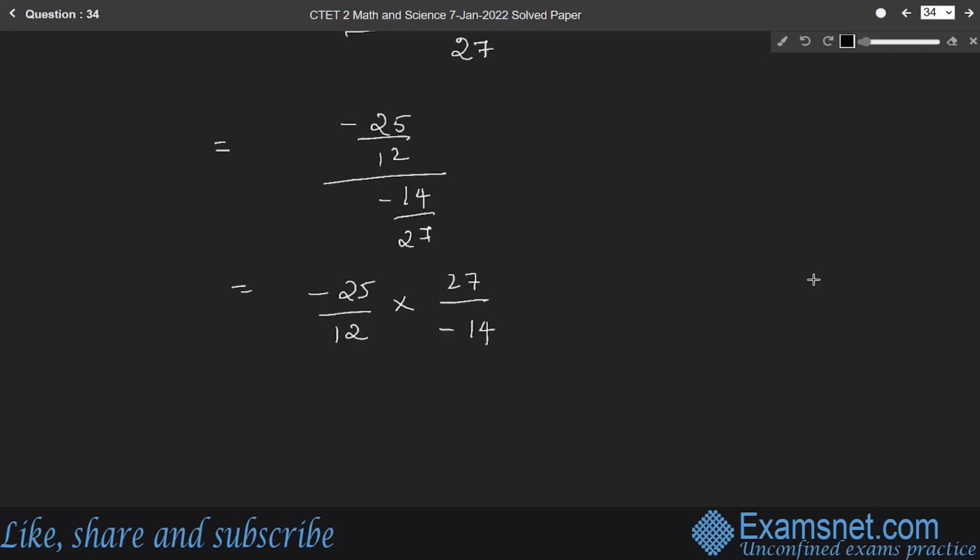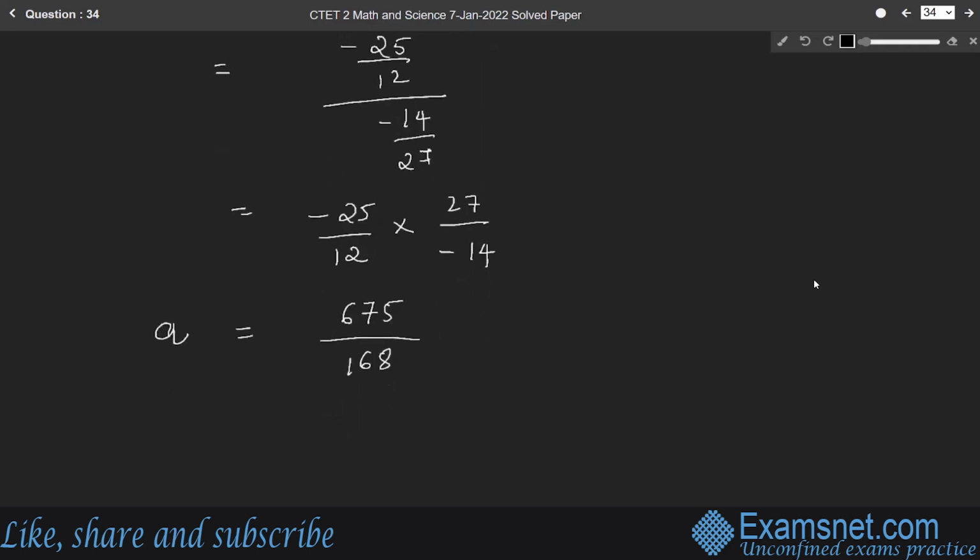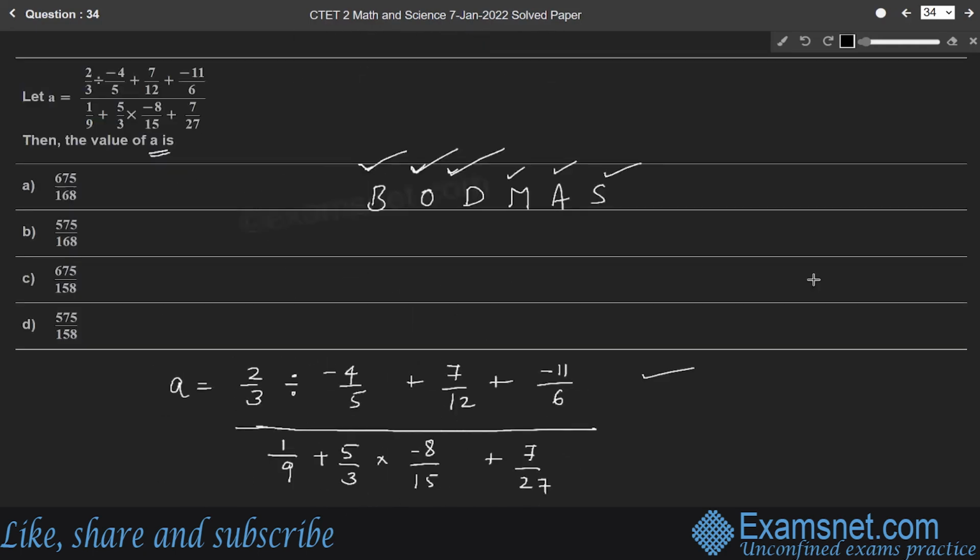Right. If possible, we can simplify, but we cannot cancel or divide anything here in numerator and denominator. Minus 25 into 27, so minus minus will get cancelled. So it is 675 divided by 168. So the value of A is 675 by 168. So option A is the right answer.